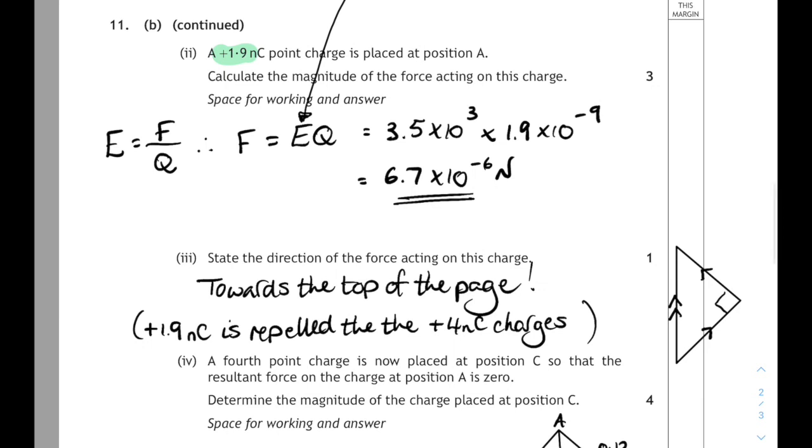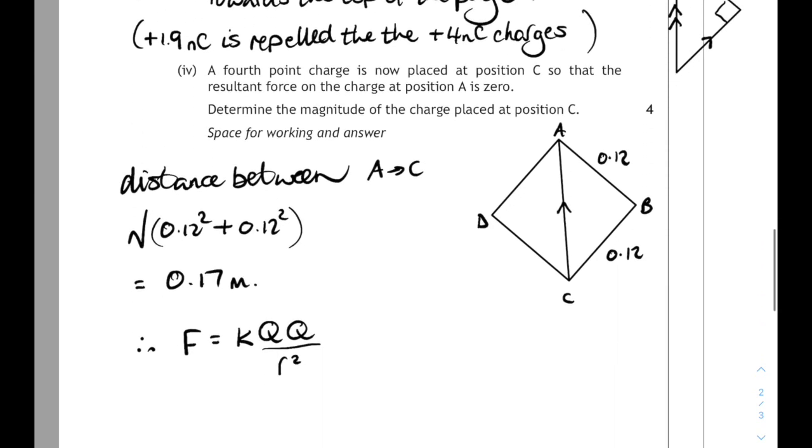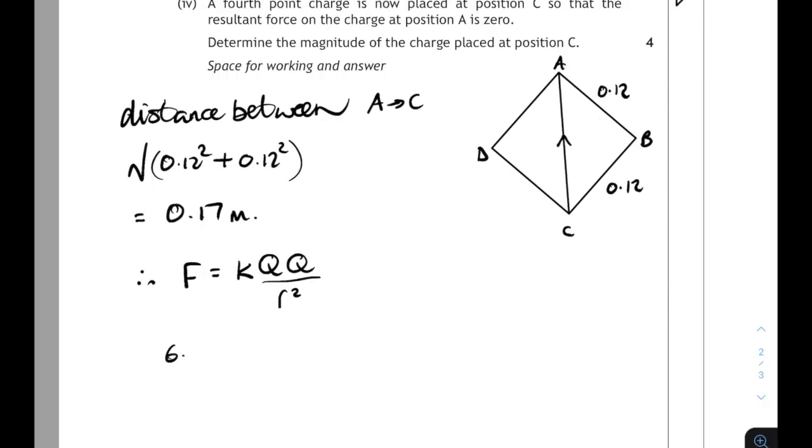There it is. It's 6.7 times 10 to the minus 6 towards the top of the page. So we want an equal and opposite force towards the bottom of the page of 6.7 times 10 to the minus 6 newtons. We're using our shortcut of 9 times 10 to the 9 again.